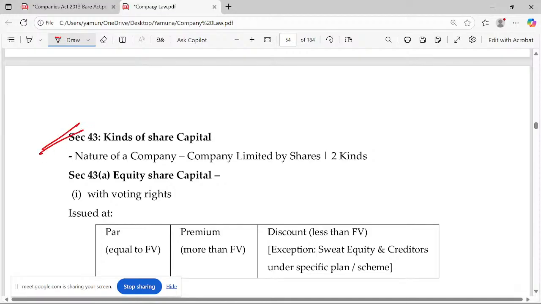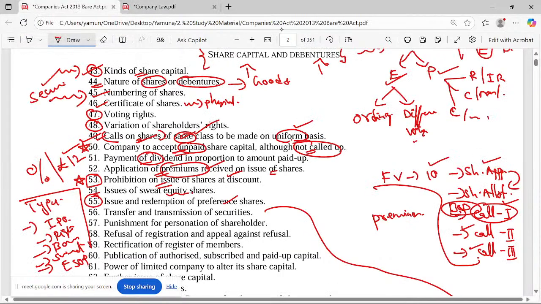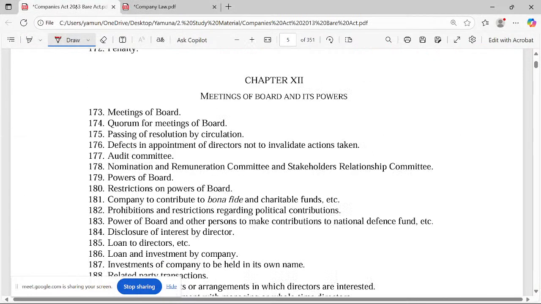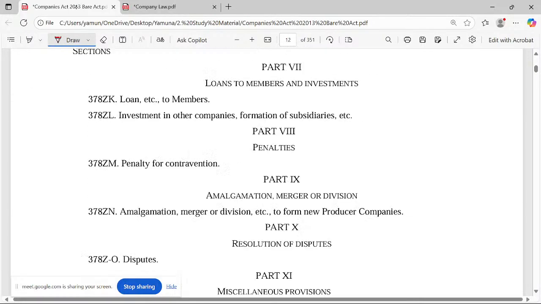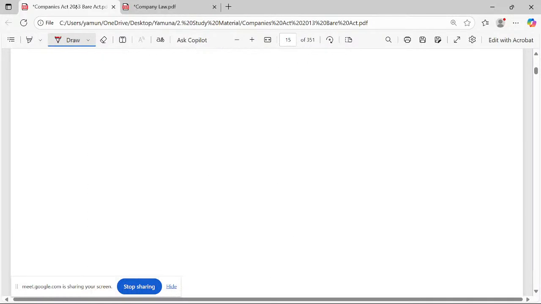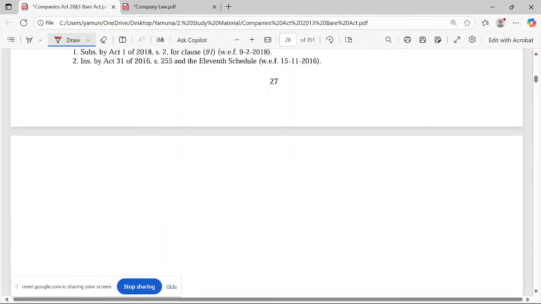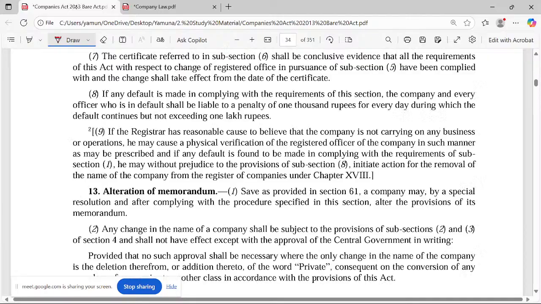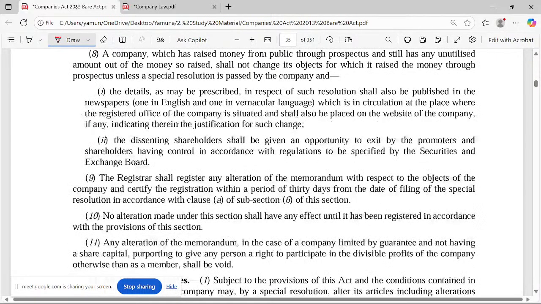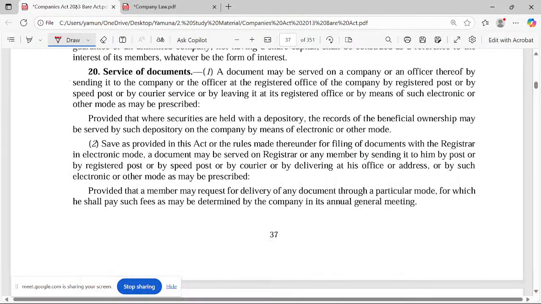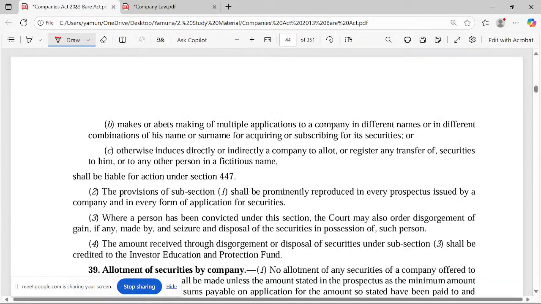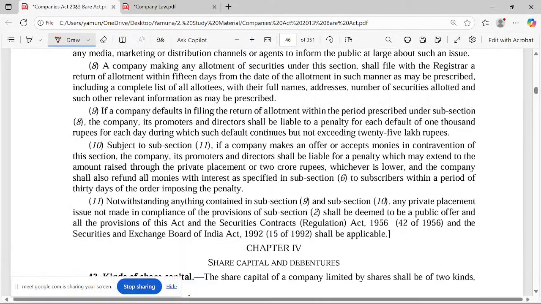Now let me go to Section 43. Let me go to the Bare Act first. Please join.